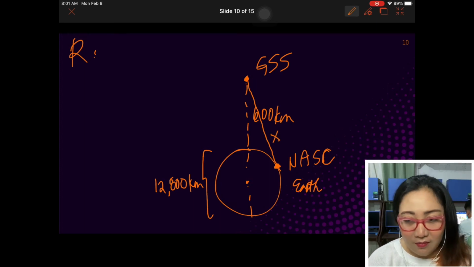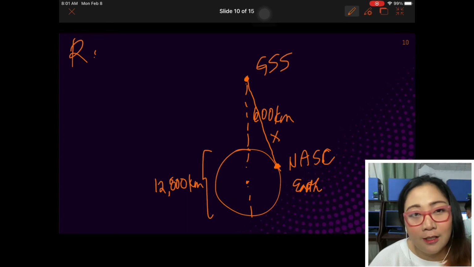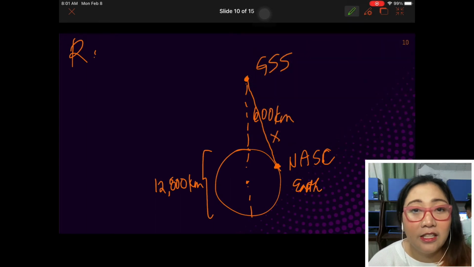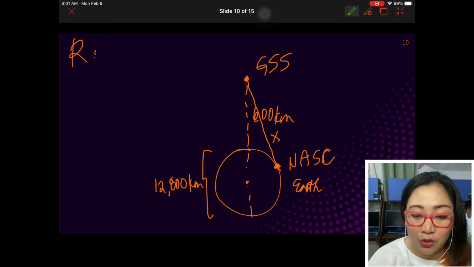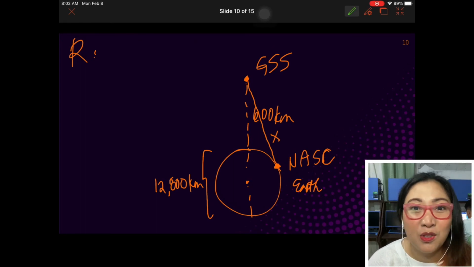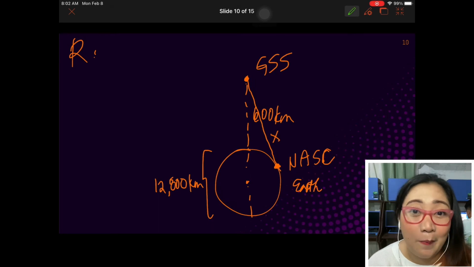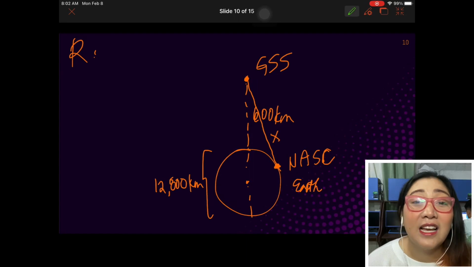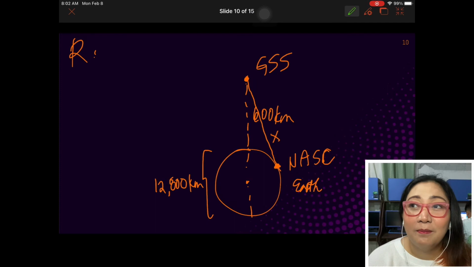Okay? So, question, paano natin masosolve itong problem na ito? Now, you have to analyze the figure and try to think of which theorem you have to use. So, meron kang tangent line, hinahanap natin yung length. So, malamang hindi tayo mag-angles, diba? Kasi most of our theorems, puro angles, diba? So, since hindi tayo mag-angles, ano yung gagawin natin? Dun tayo sa power theorems.